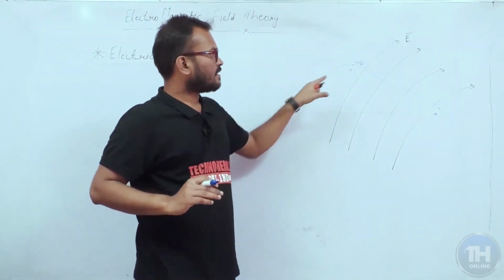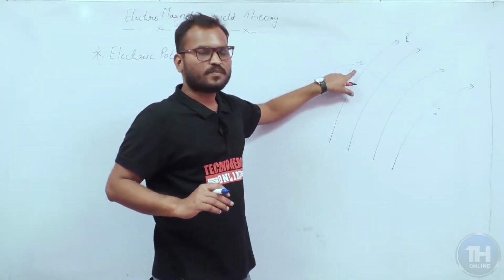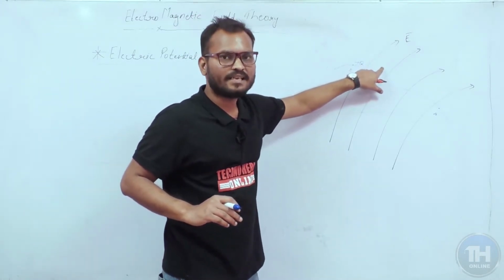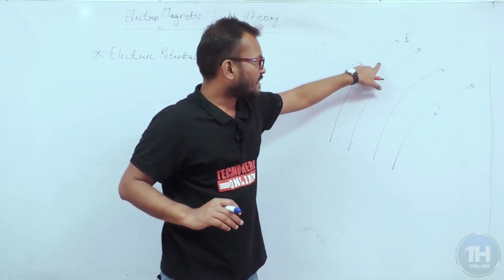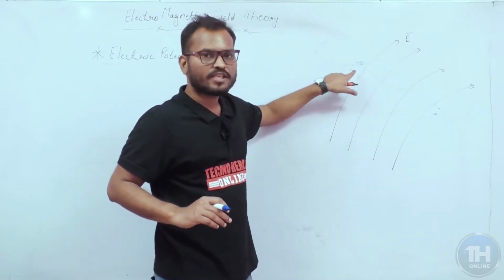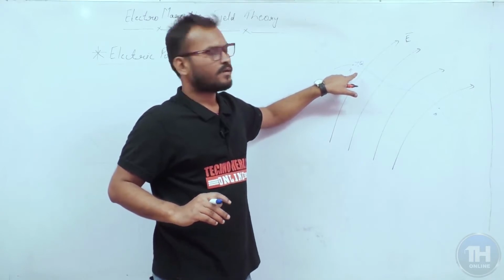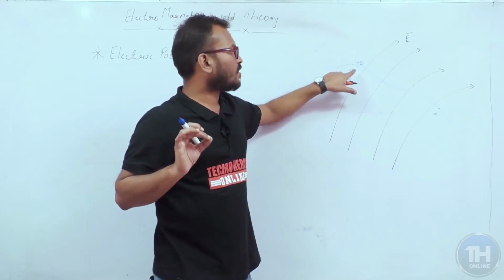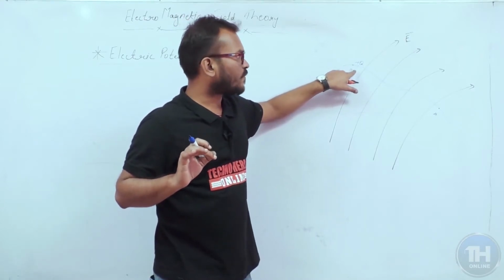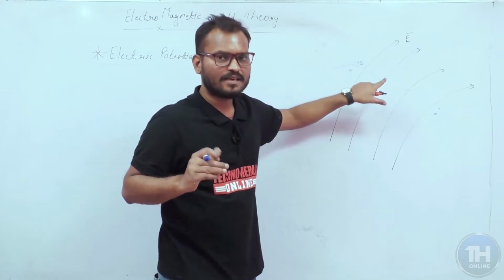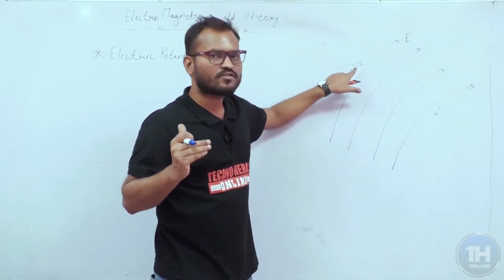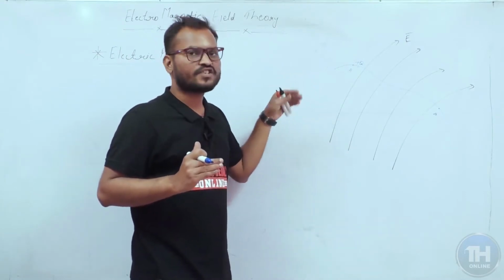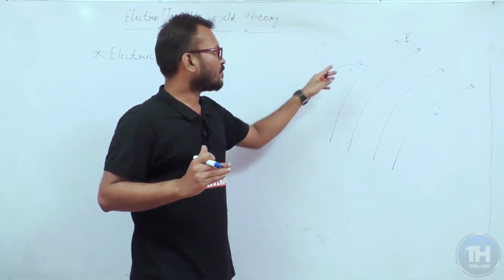Since it is a point charge of magnitude plus Q present in an electric field E, due to this electric field a force will act on this point charge. Due to this force, the motion of this plus Q charge will be restricted.